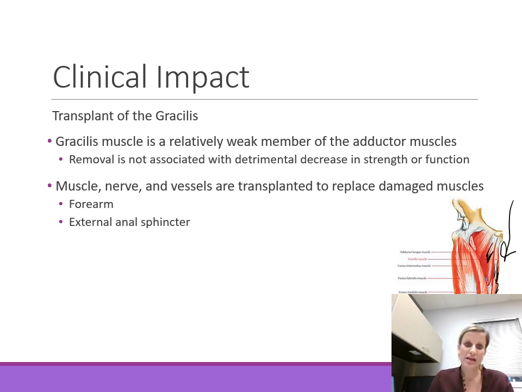And then the gracilis can be transplanted to replace a muscle that's been damaged in another area. So the muscle, innervating nerve, and vessels are all transplanted to replace other damaged muscles. The gracilis is frequently used to replace muscles of the forearm, and it can also be used to reform an external anal sphincter.